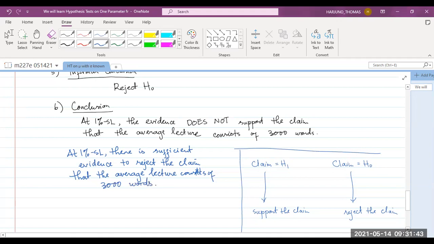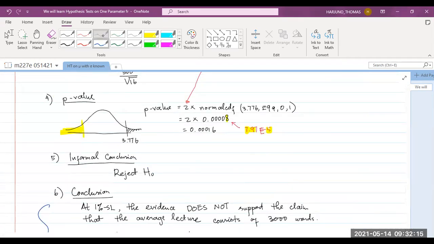Why? Because the claim is the null hypothesis and the wording of my conclusion is about rejecting that claim. If the claim is the alternate hypothesis, then the wording of the conclusion will be about supporting the claim. But again, in my test, you can go either way. That's totally fine.